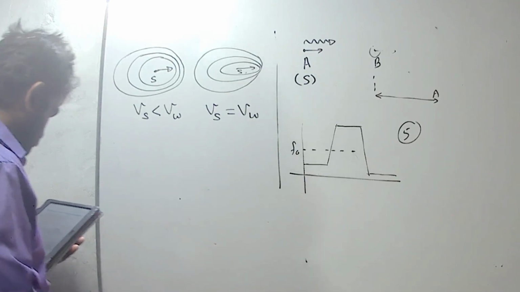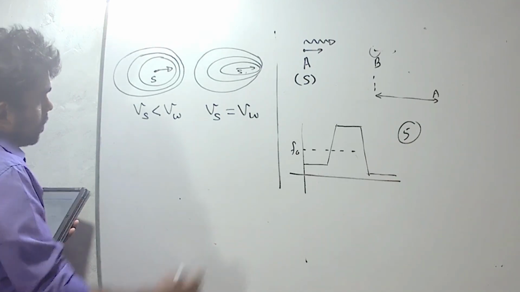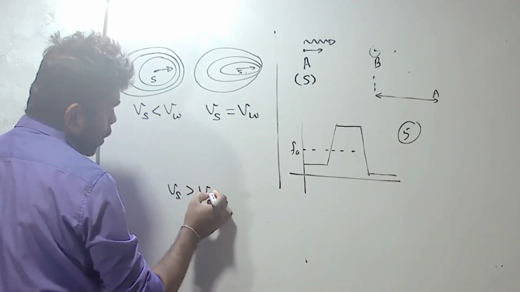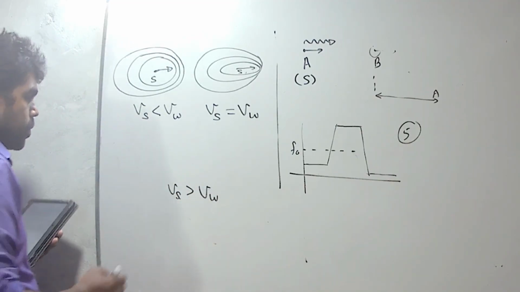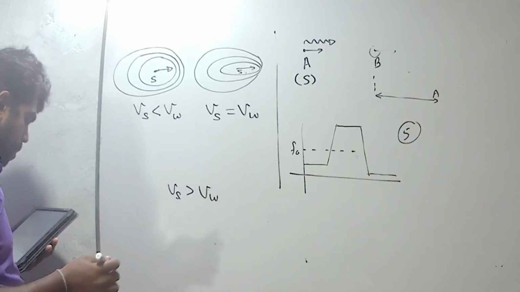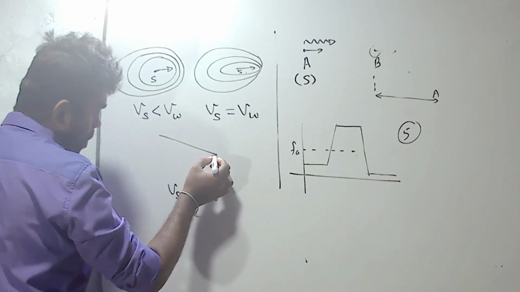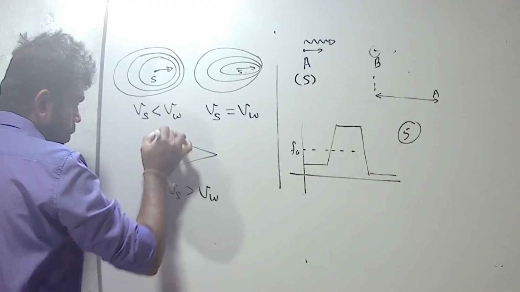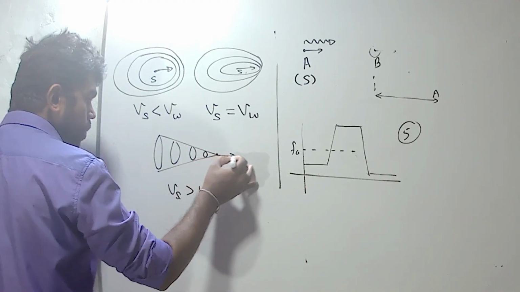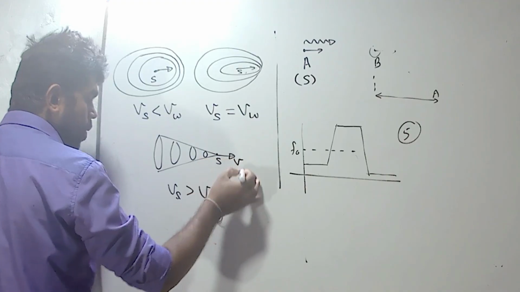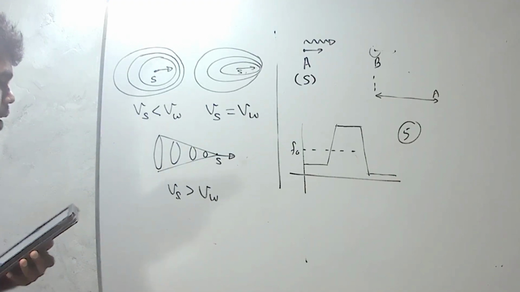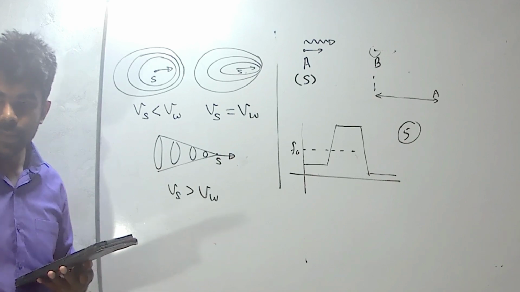In third condition, if the velocity of source is greater than velocity of wave, it should be like a cone. Source is moving at a greater speed than velocity of wave.